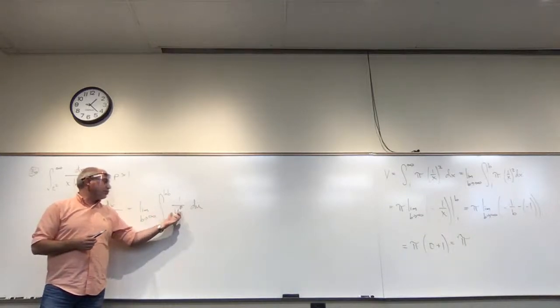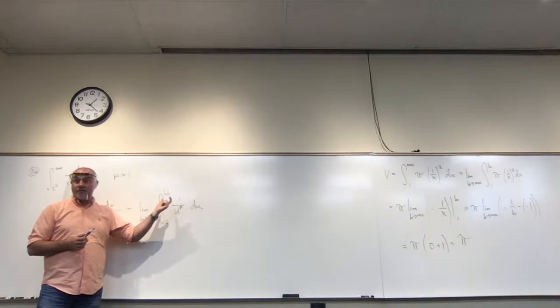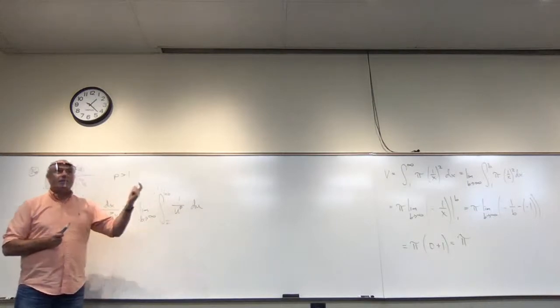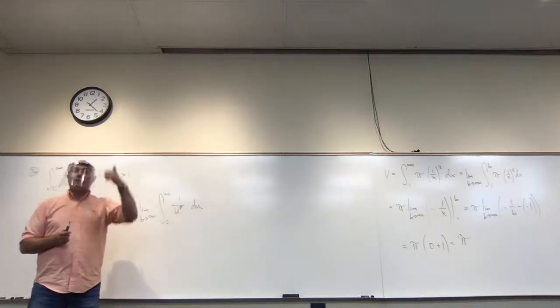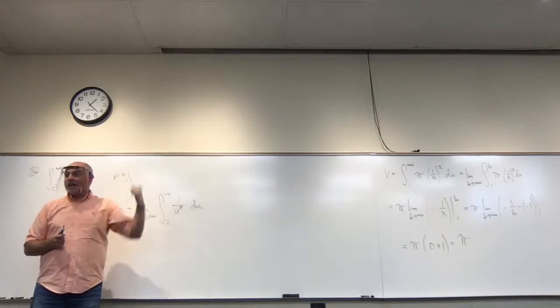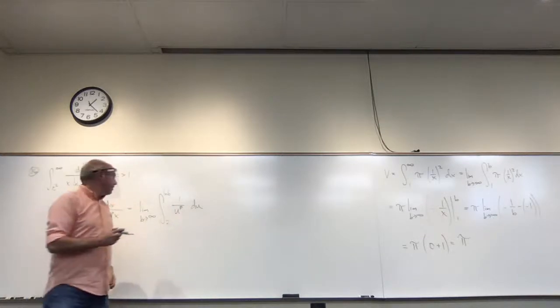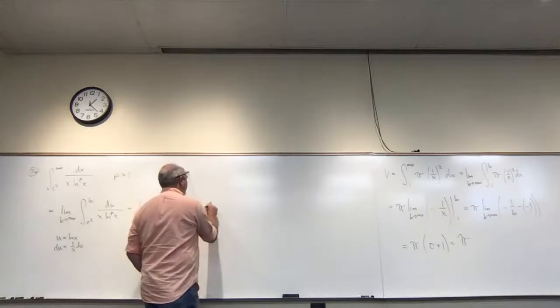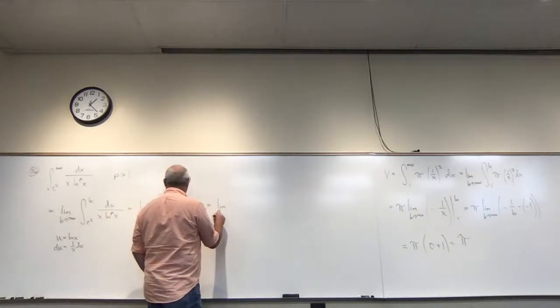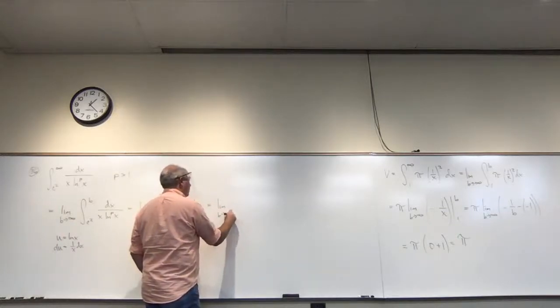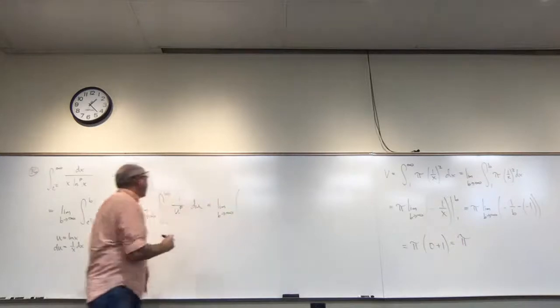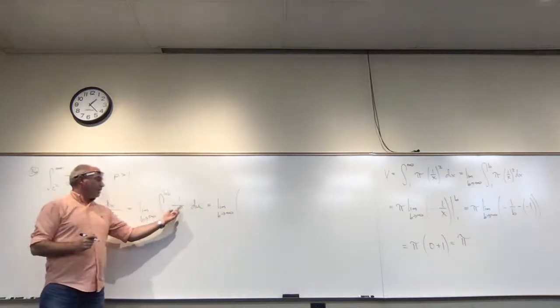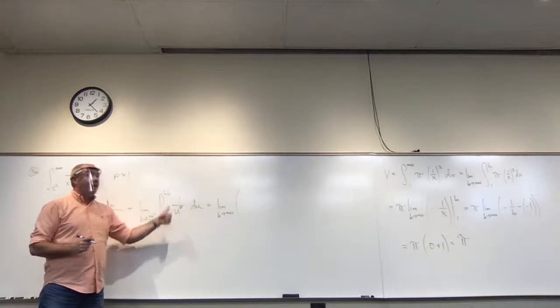So this is u to the negative p. So if I'm taking u to the negative p, I raise the power by 1 and divide by the new power, correct? When I take that antiderivative. So I'm going to write this as the limit as b goes to infinity of, so it's u to the negative p, I bump the power up 1.